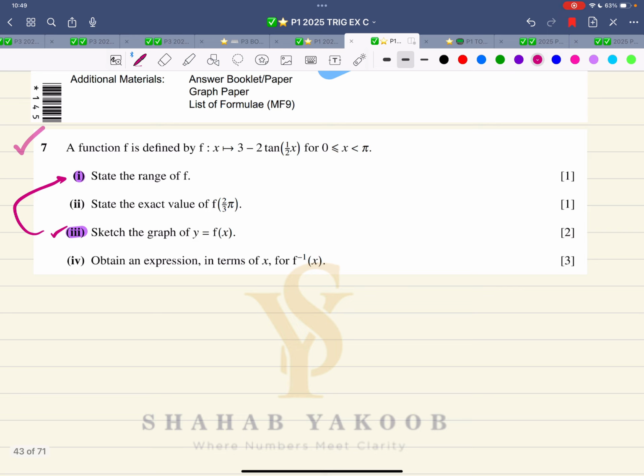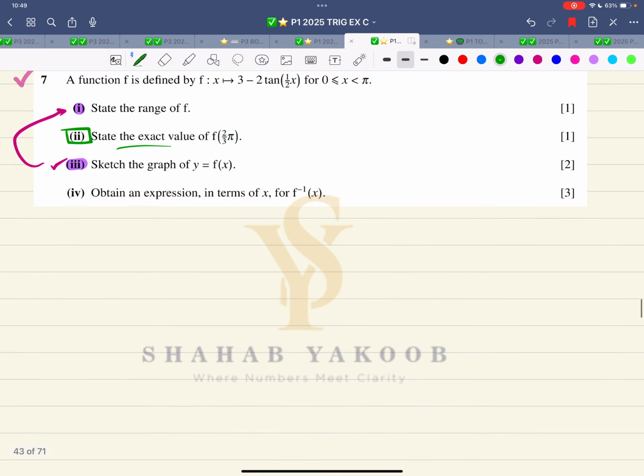So now even before that, let's do the easy part. That is this one, state the exact value of this. So let me first work out part 2. f of 2/3 pi. So f(x), that is 3 minus 2 tangent of half x.